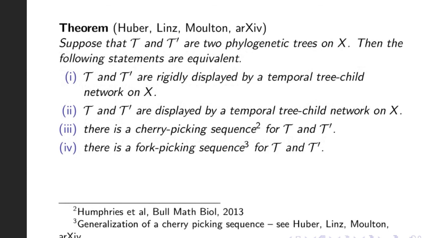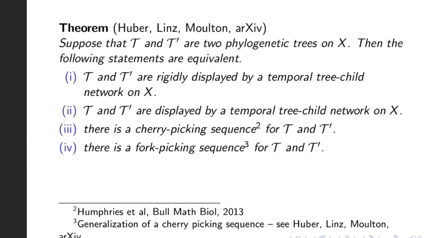Now, in fact, a more general result, or a stronger result, holds. Again, suppose we have 2 phylogenetic trees, T and T prime, then the following statements are equivalent. These 2 trees are rigidly displayed by a temporal tree-child network, if and only if they are displayed by a temporal tree-child network, as said on my previous slide.